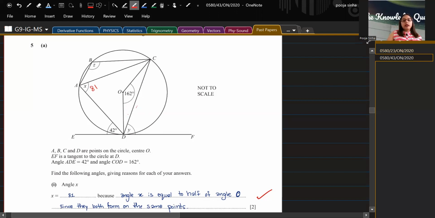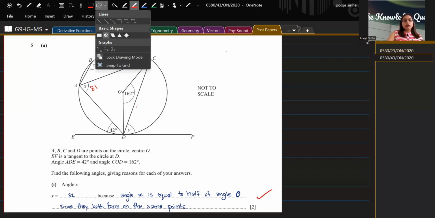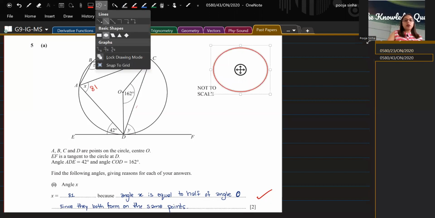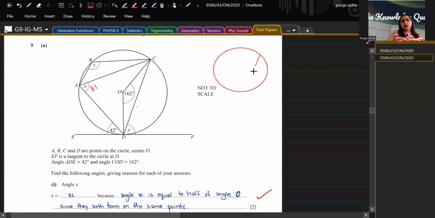But anyways, next is one theorem. I have a circle. And on that circle there is a chord. Now that chord is making an angle. And there is a tangent.